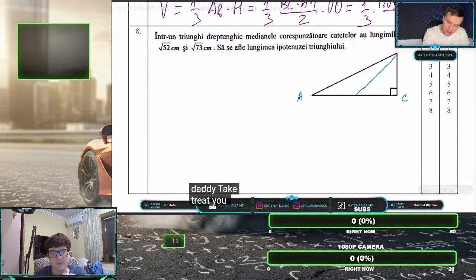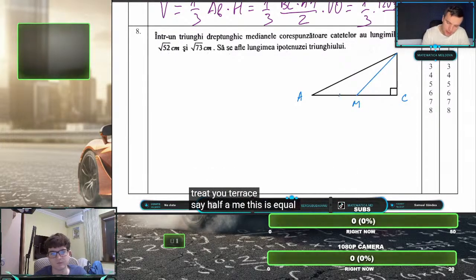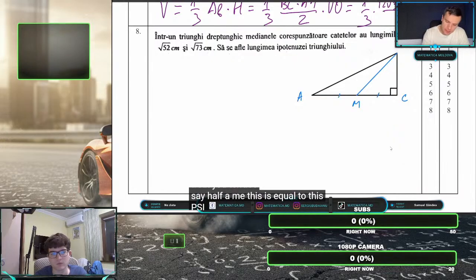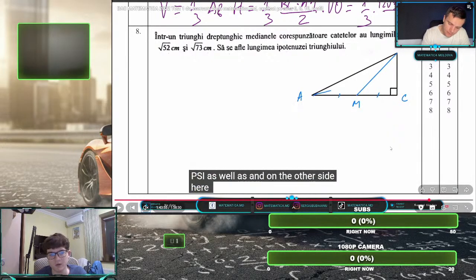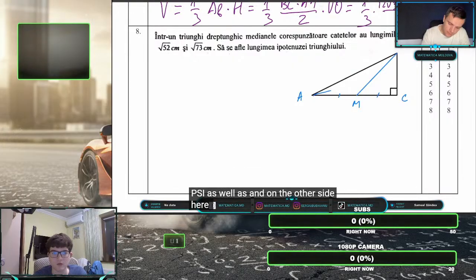ABC. Boom. So you basically have a triangle like this. So you got like square root of 52, square root of 73.